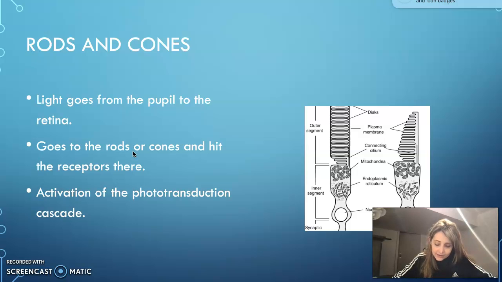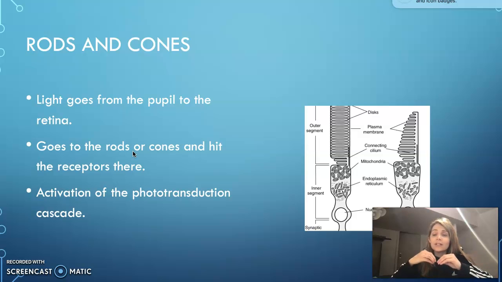This phototransduction cascade is basically related to what happens inside of the retina. Inside there is cyclic GMP. As long as the cyclic GMP is present and bound, it keeps the sodium channels open, which keeps the flow of Na into the cell.